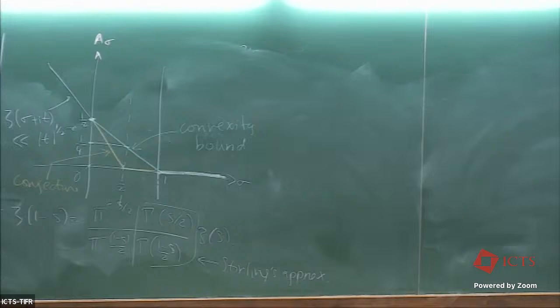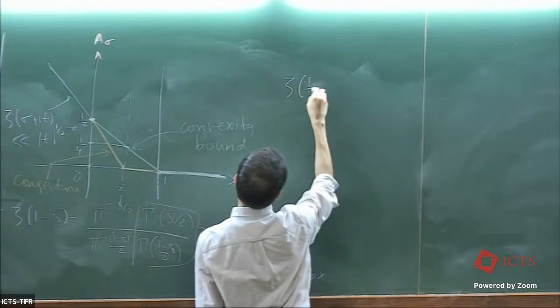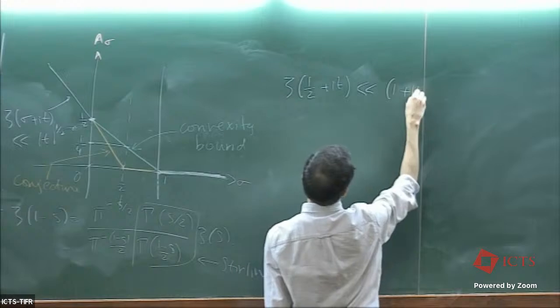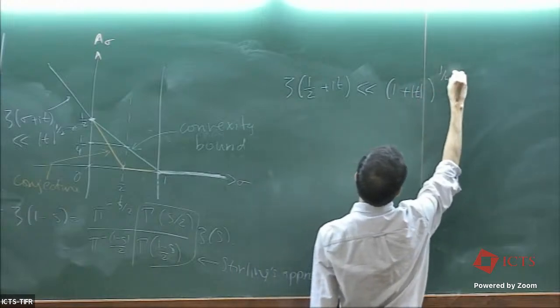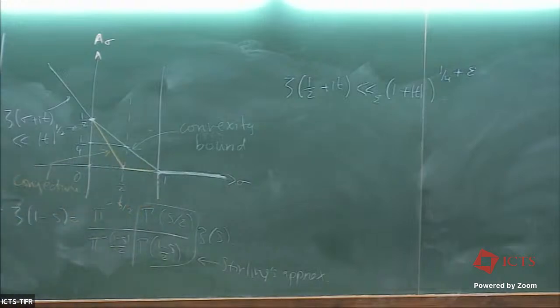Okay. And what you basically get from here is that at the 1/2 line, you have the rate of growth as 1/4, and maybe out of caution, let me throw in any arbitrary epsilon positive. Right. This is known as the convexity bound.